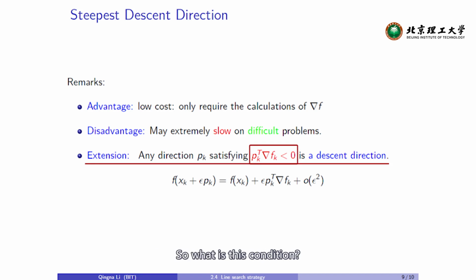What is this condition? This condition means that pk taking inner product with the gradient of f at xk is strictly smaller than zero. In this case, the direction pk will be a descent direction. Why is it a descent direction under such a condition?